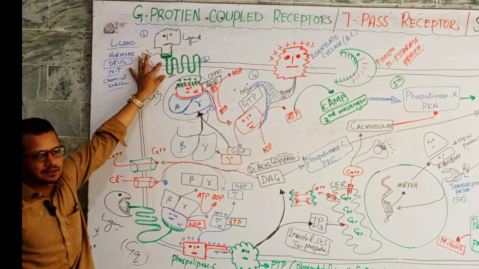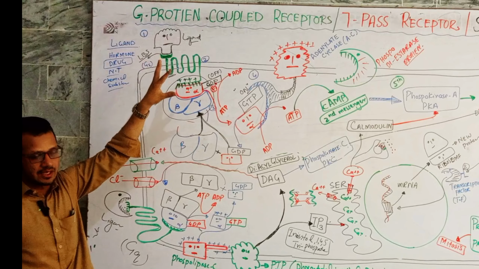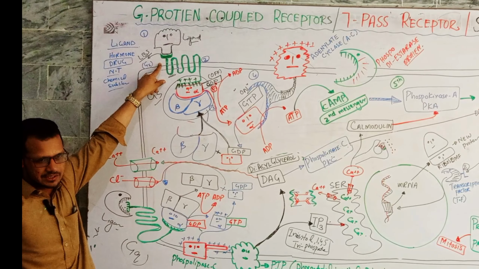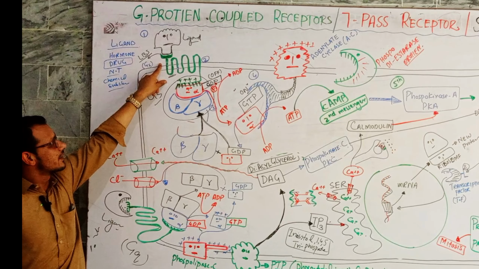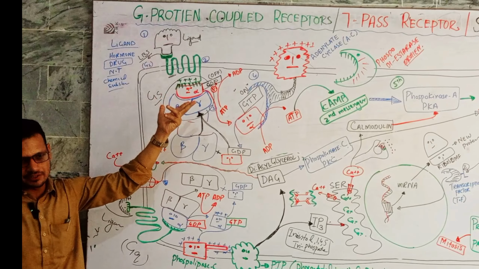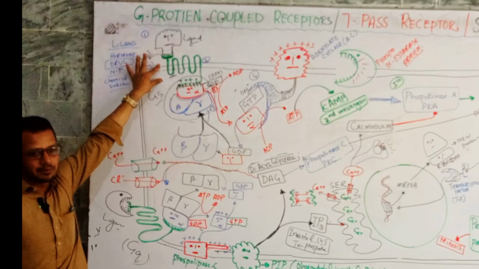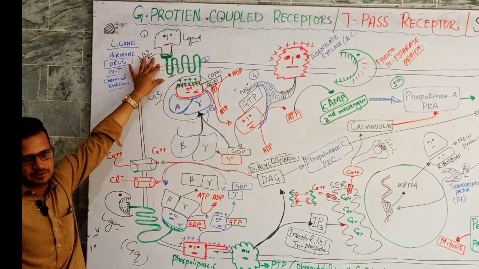And all the chemical substances, ligands, hormones, neurotransmitters, all other things which have the ability to deactivate this pathway are called antagonists. An antagonist that partially deactivates this pathway is called a partial antagonist. If the antagonist completely blocks this pathway, it is called a full antagonist.